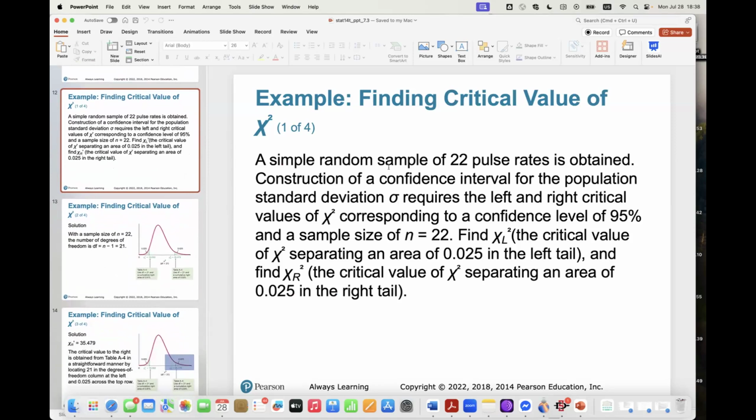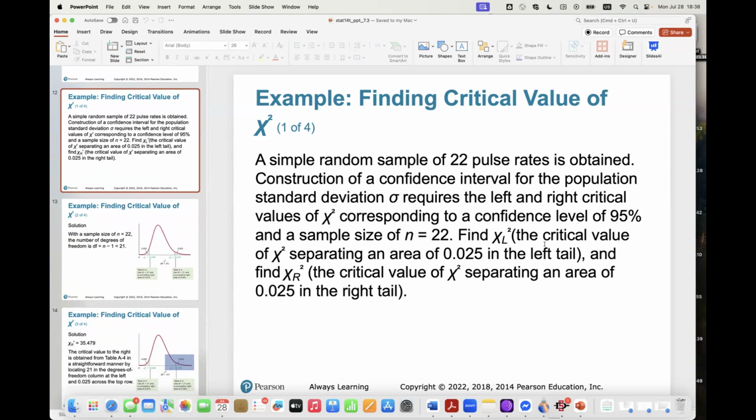And now this is an example for finding critical values of chi-square. A simple random sample of 22 pulse rates is obtained. Construction of a confidence interval for the population standard deviation sigma requires the left and right critical values of chi-square corresponding to a confidence level of 95% and a sample size of n equals 22.